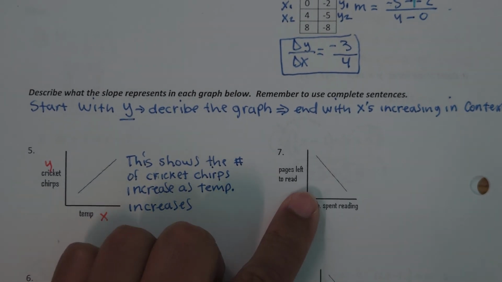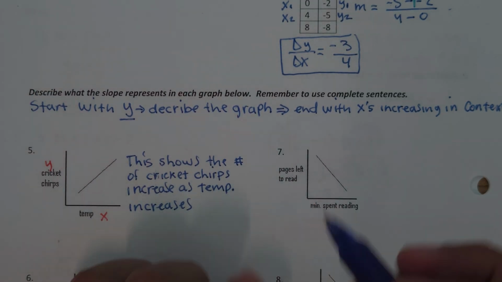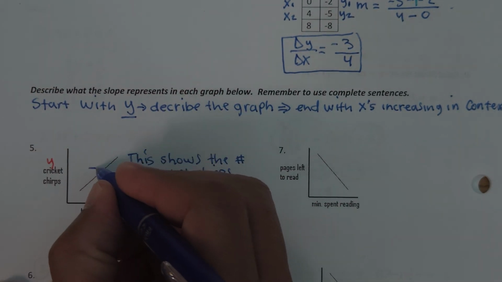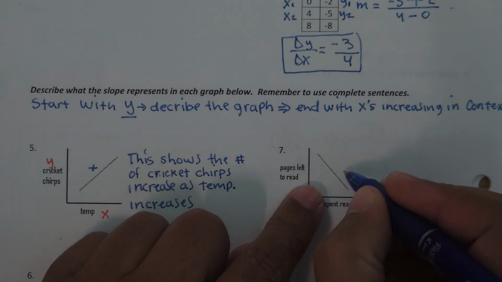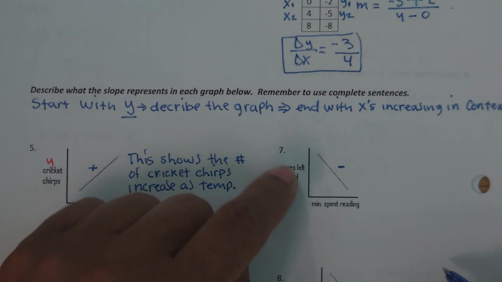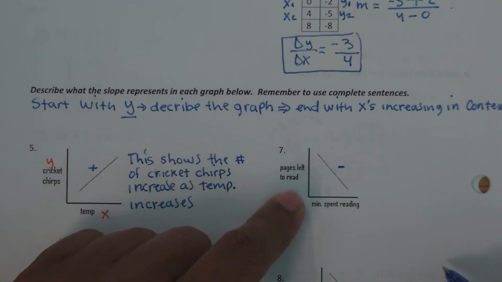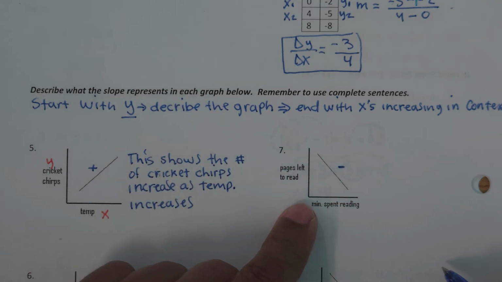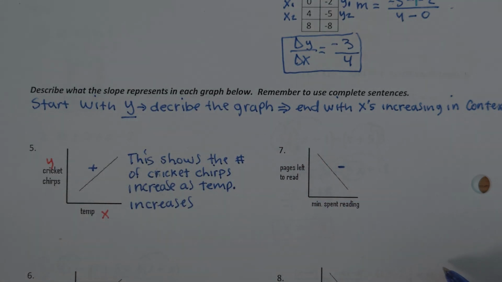Let's jump to number 7. Let's look at this one here. On number 5, we saw that this is increasing, but on number 7, this is decreasing. So for the y, the pages left to read decrease as the time spent reading increases.